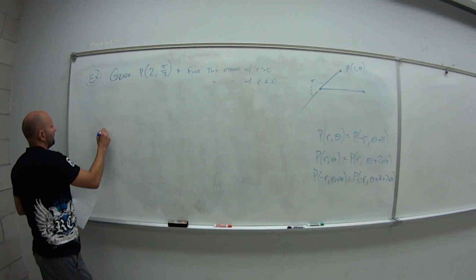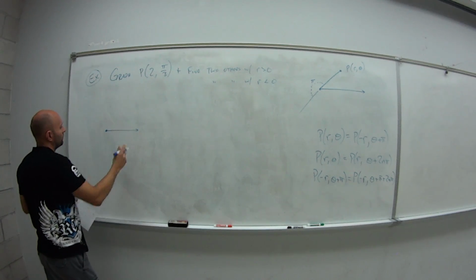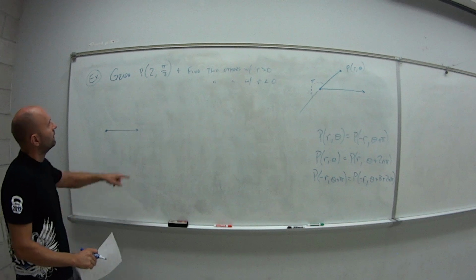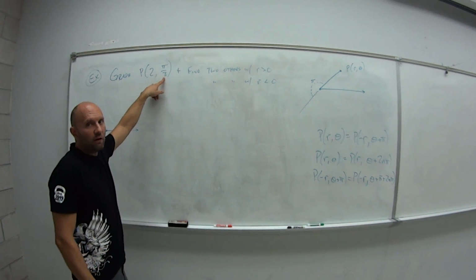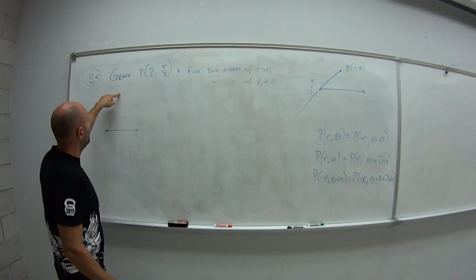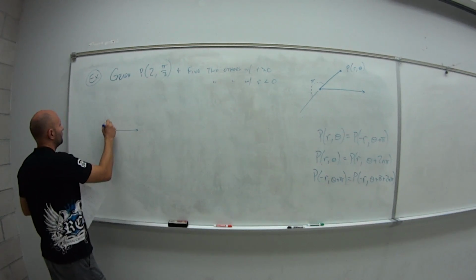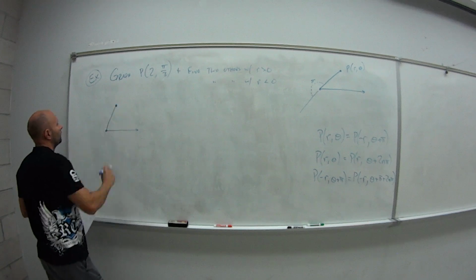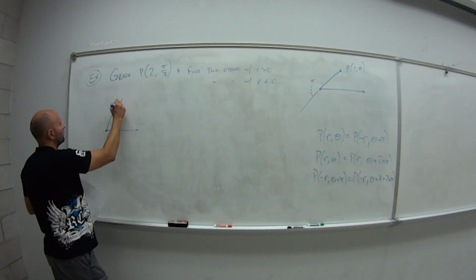So first, let's graph this and see where it ends up, what our picture is supposed to look like. We're going to start with our theta, pi over 3. That takes us to here. And then we're 2 units away, our r is positive. So it basically gives us that right there.